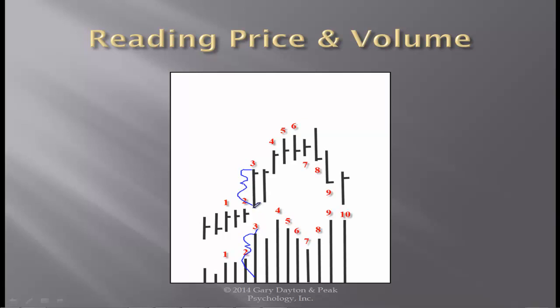Because the spread is wide and we close it firm, what this says is that buyers were willing to chase price higher. They were willing to pay up. They were willing to buy up. As price kept going higher during this day, assuming this is a daily chart, buyers kept stepping in and pushing prices higher, and sellers had no chance here.